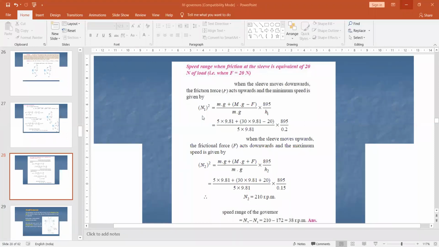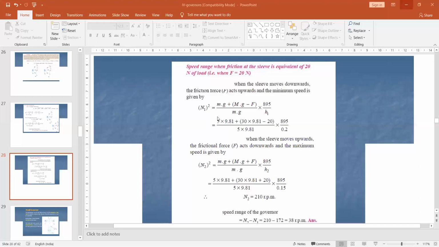So N1 square equals (small mg plus capital Mg minus f) by small mg into 895 by h.